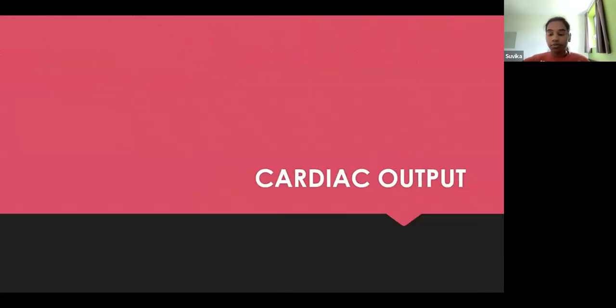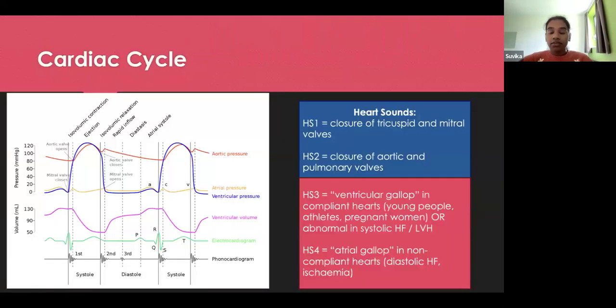Okay, so cardiac output. I can understand why it's quite a difficult topic because there's so much going on, and it's not one of those easy things to get your head around. So I like this nice summary diagram, even though there's a lot of stuff going on there. It kind of summarizes everything you need to know.